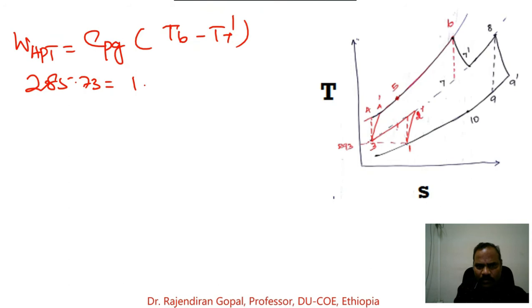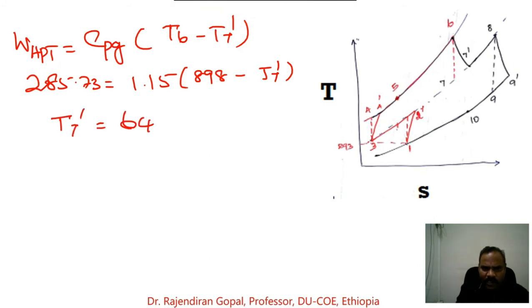285.73 is equal to 1.15 multiplied by 898 minus T7 dash. We get T7 dash is equal to 649.54 Kelvin.